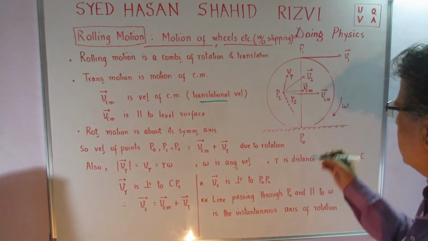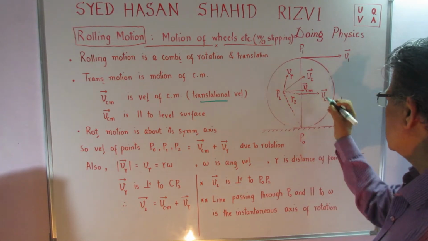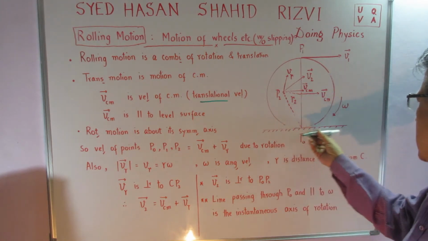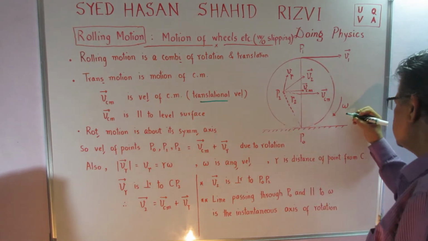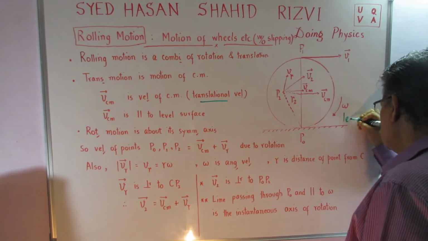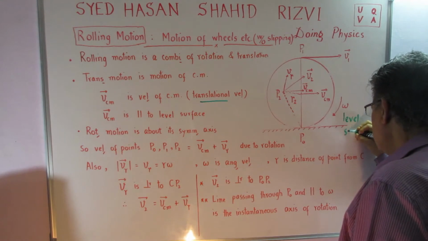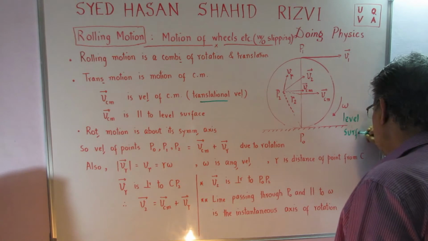It has been shown over here, and it is parallel to the level surface. This is a level surface, and it may be offering some friction.